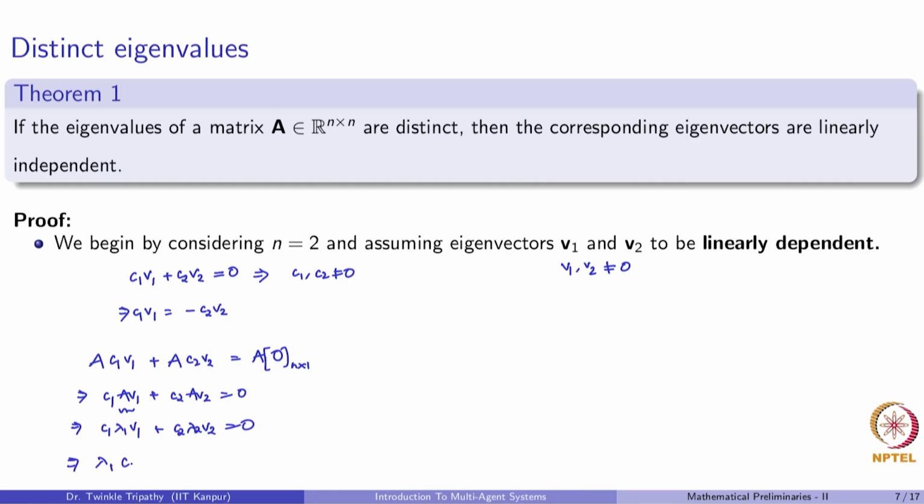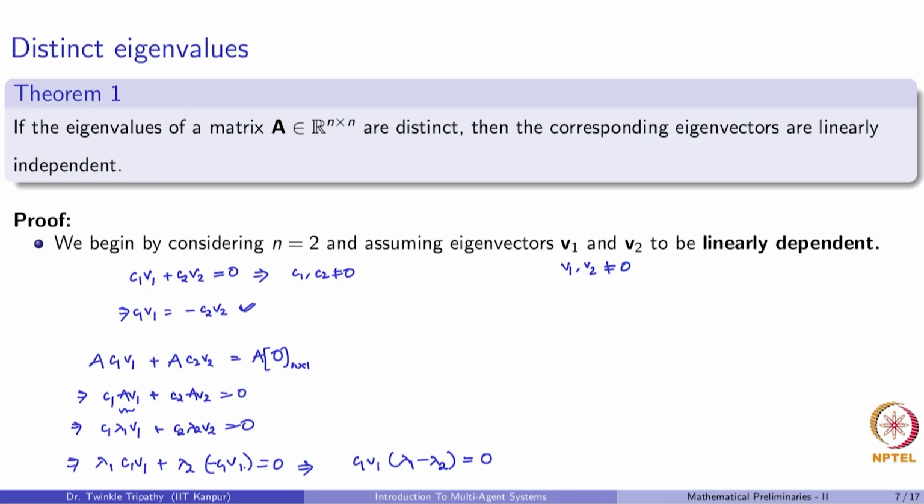Meaning this becomes C2 v2. But what do we have from here? We know that C2 v2 is simply minus C1 v1. So now let me substitute that here. This gives, I can take C1 and C2 common, and lambda 1 minus lambda 2 equals 0.